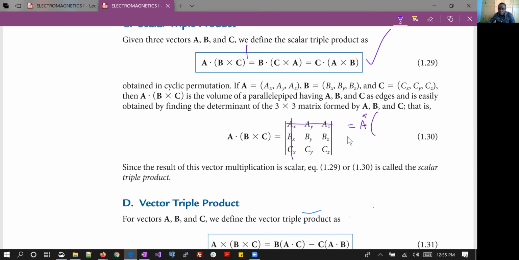AX, then BY, CZ, I started with this arrow as 1, minus BZ times CY. Now, notice that all these have become scalars, because the output of a scalar triple product is a scalar. That is why it's called scalar triple product, because the output is a scalar. So everything becomes a scalar and you just do the multiplication.